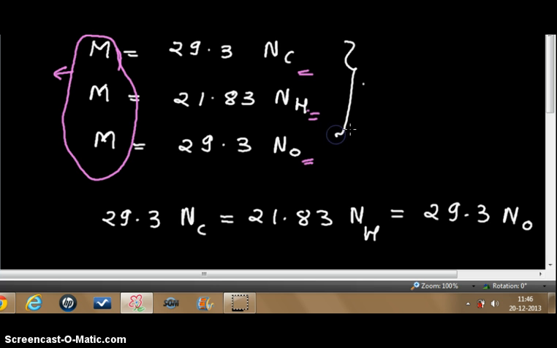All these sides are equal. Since the left hand side is equal, right hand side is equal.